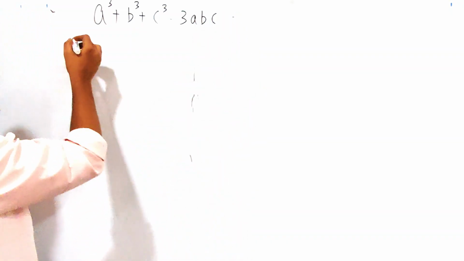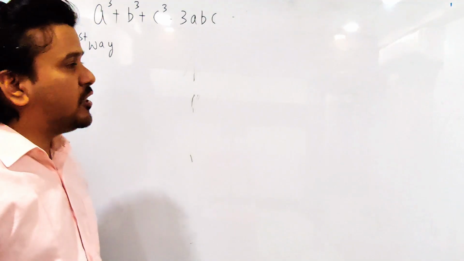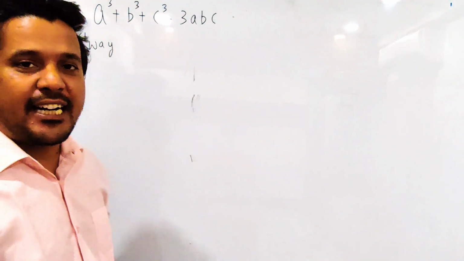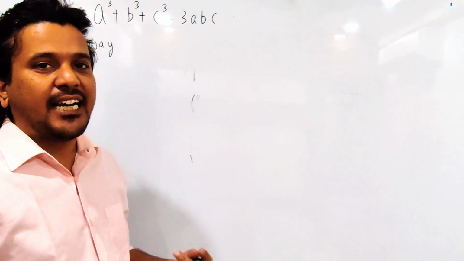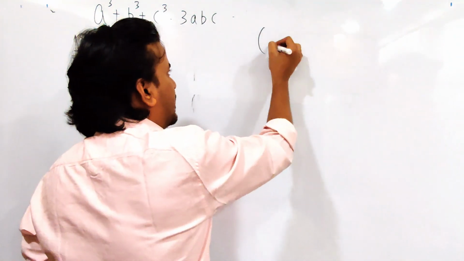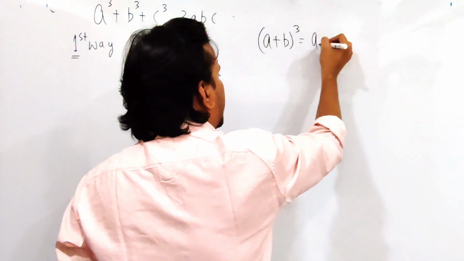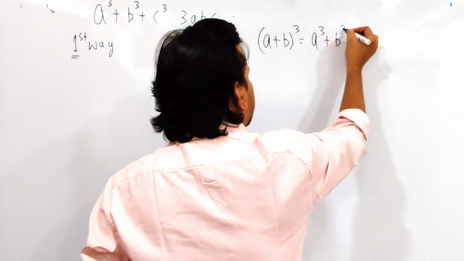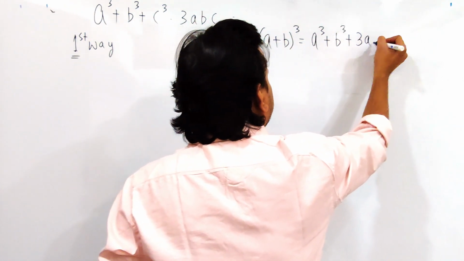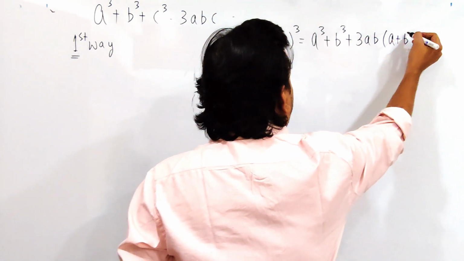So the first way of factorizing a cube plus b cube plus c cube minus 3abc is the simple algebraic identity of (a plus b) whole raised to the power 3. This is going to be a cube plus b cube plus 3 times ab multiplied by (a plus b).